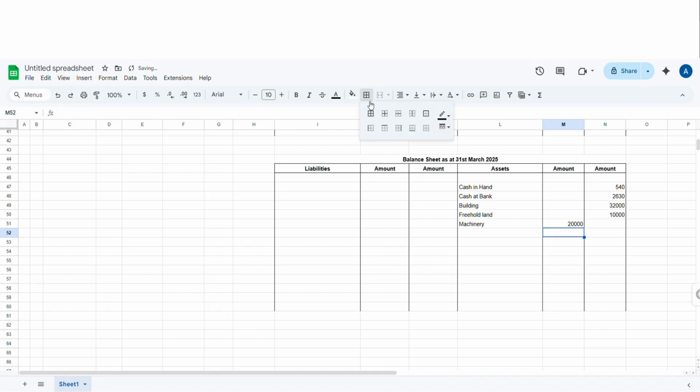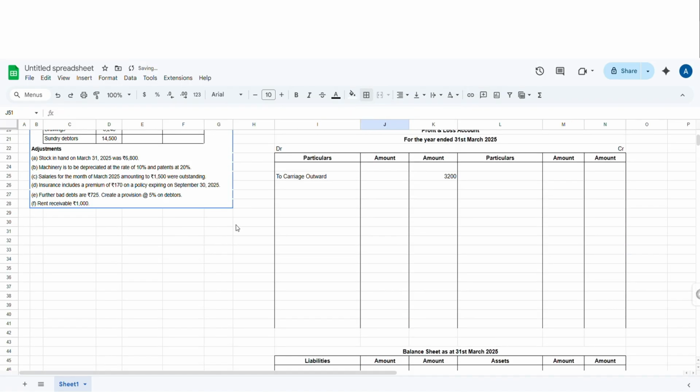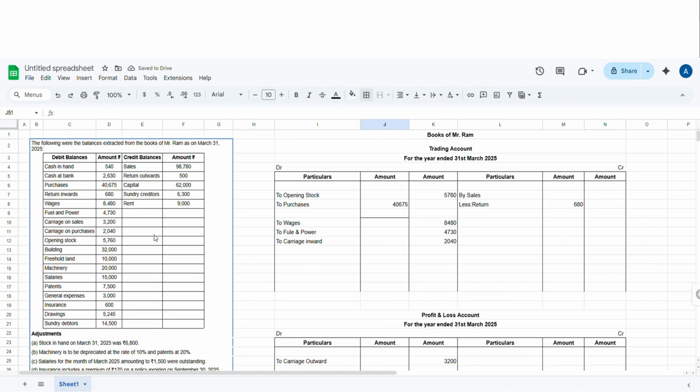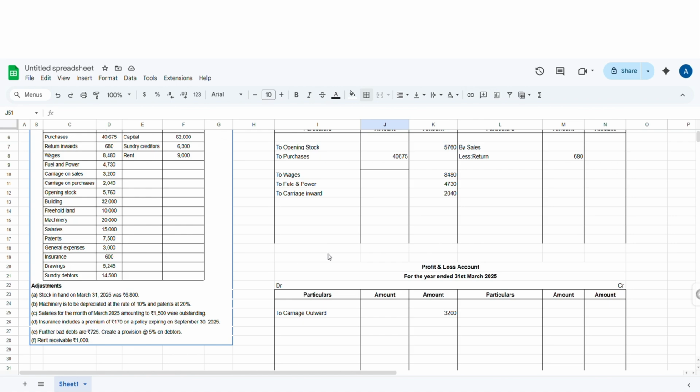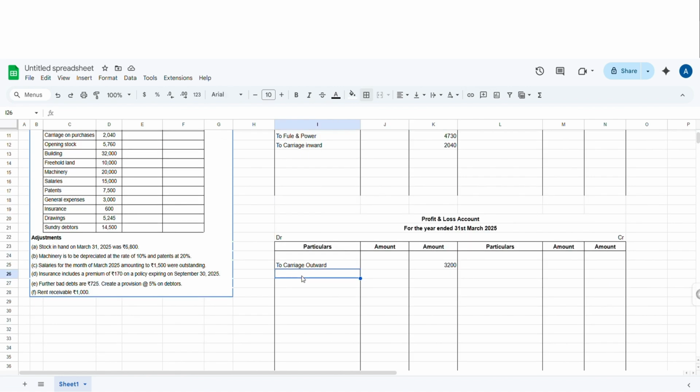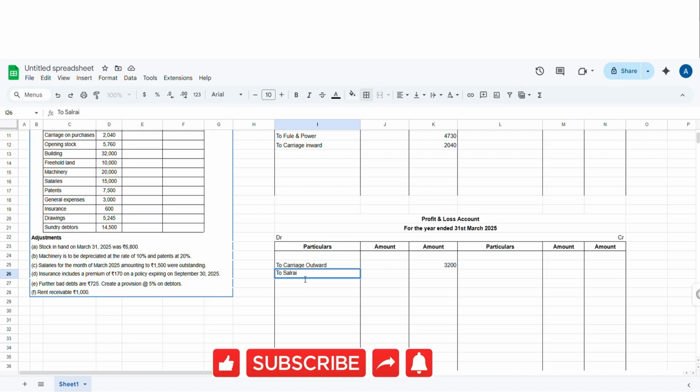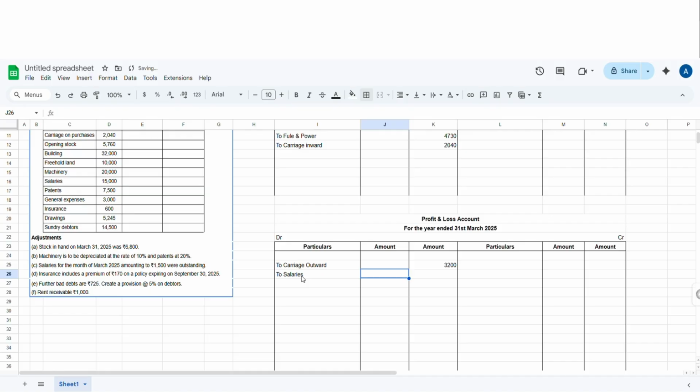Then we have adjustment. Next, salaries 15,000. Salaries is P&L account because it is indirect expenses. We have an adjustment on salaries also. Then we have adjustment.